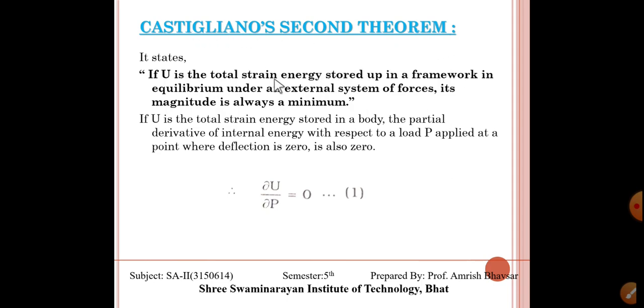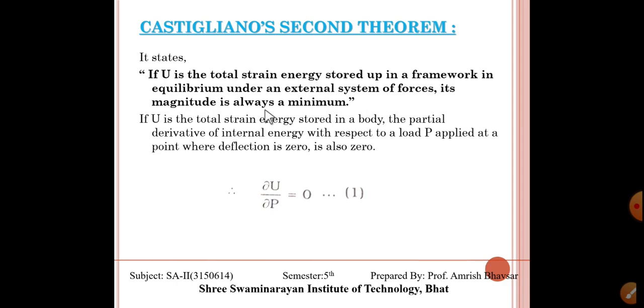It states that if U is the total strain energy stored in the framework in equilibrium under the external system of forces, its magnitude is always a minimum. That's why it is called the minimum or least work method.